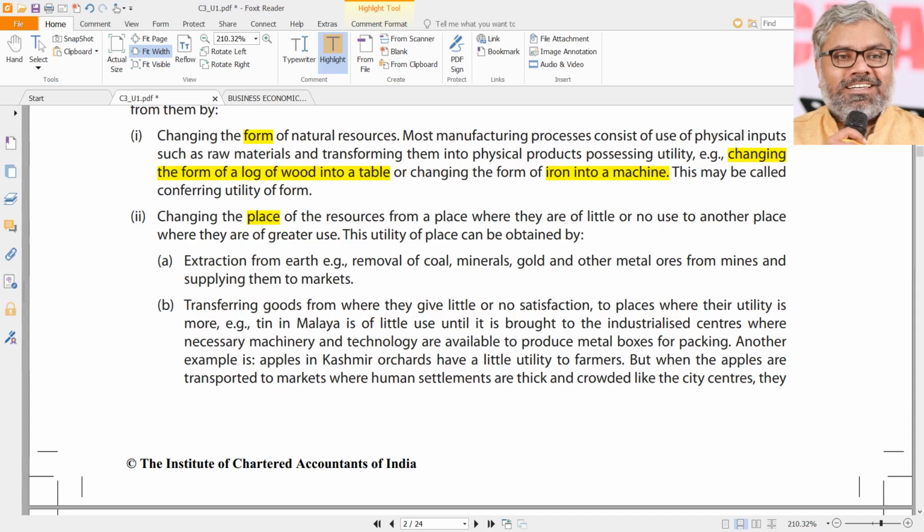But from there, it was harvested, then sent to the mills, polished, a lot of processes happened, it was packed, transported, stored, then sent to the shop from where we purchased, and we are just eating it casually. But all these things happened, and the place where the manufacturing happened and the place where the product is consumed are not the same. That's what is place utility. That is also created by the production process.